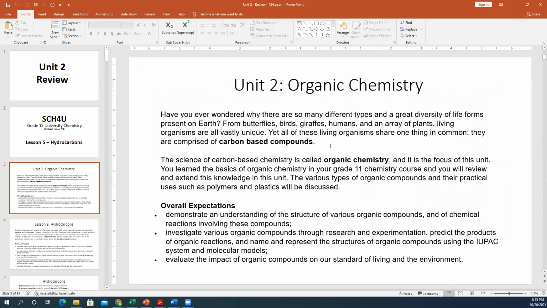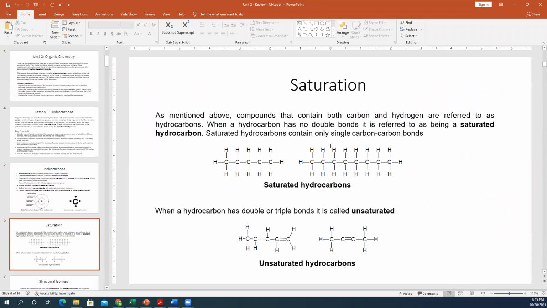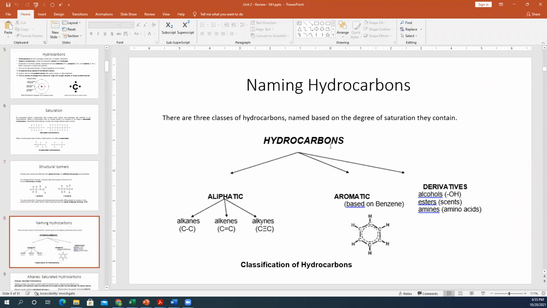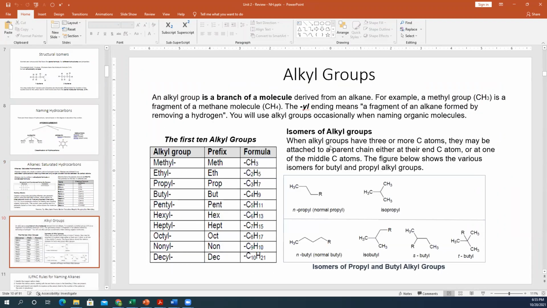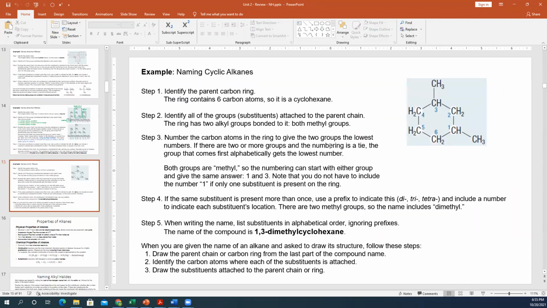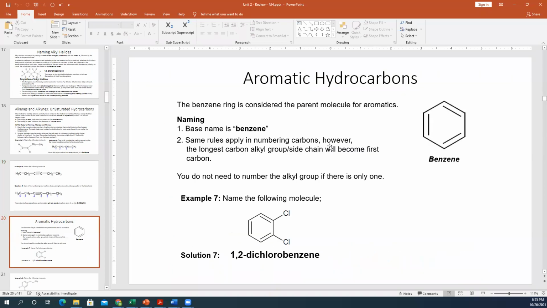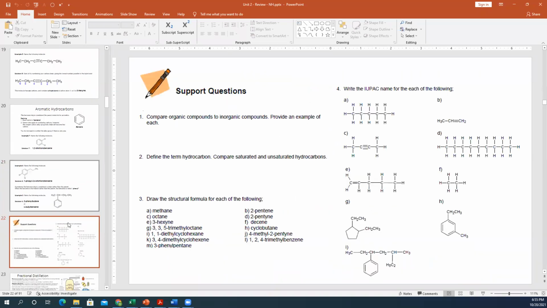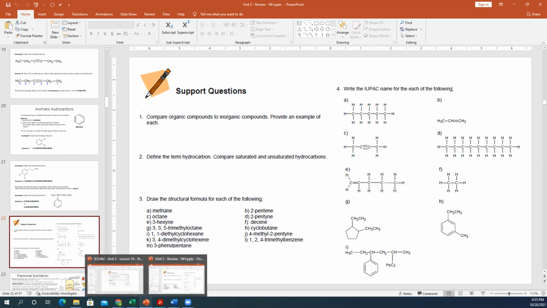So let's go through naming some of these compounds. Let's try and do some of these support questions together at least. How about that? How about we try naming some of these hydrocarbon compounds together?